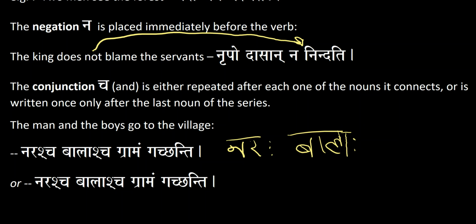So remember, when this visarga is being followed by a cha, then that visarga is going to turn into the sibilant for that column. So that's why it becomes narascha, balascha, gramam gachati.